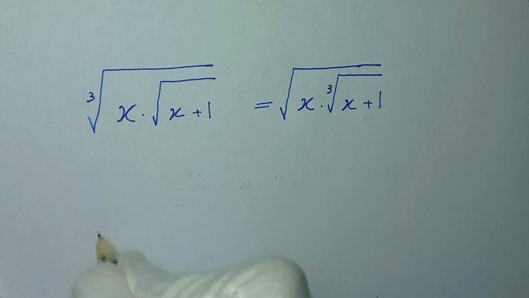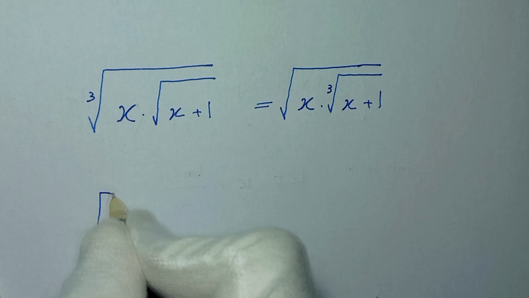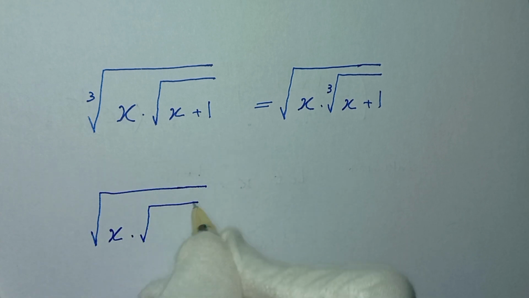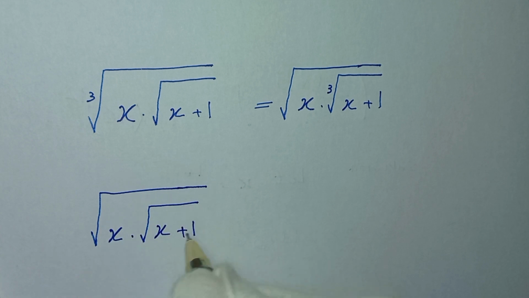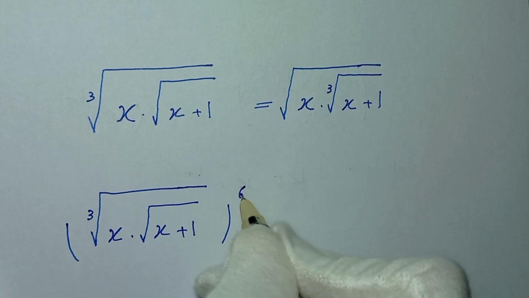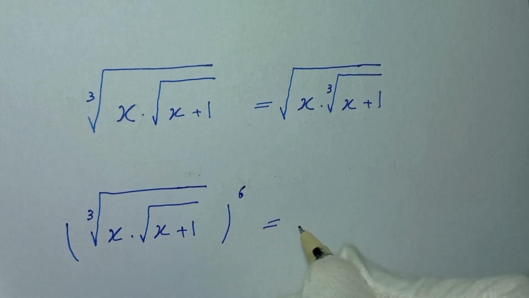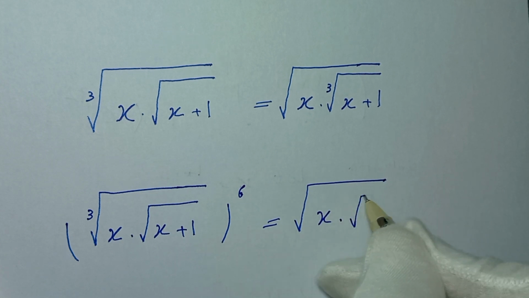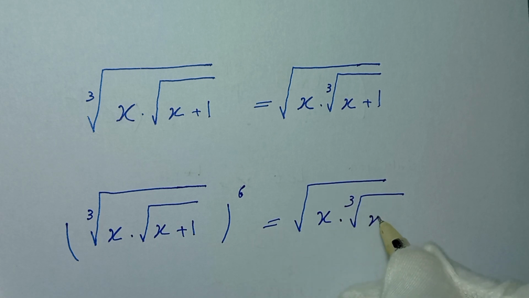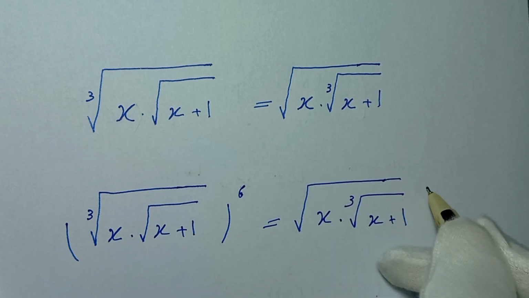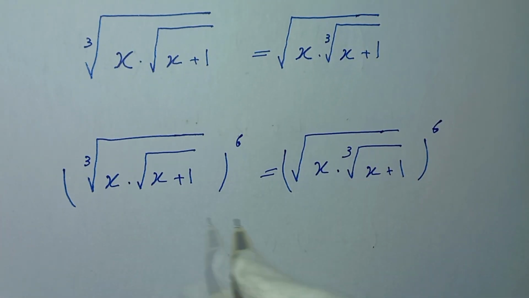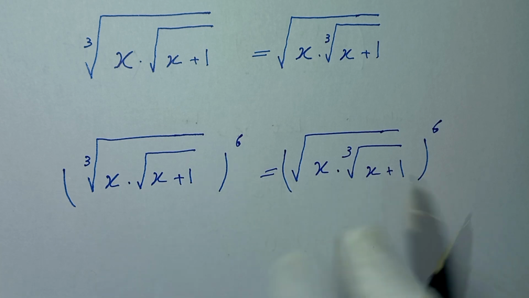So it will be the cube root of x times the square root of x plus 1, to the power of 6, is equal to the square root of x times the cube root of x plus 1, to the power of 6. We raise both sides of this equation to the power of 6.